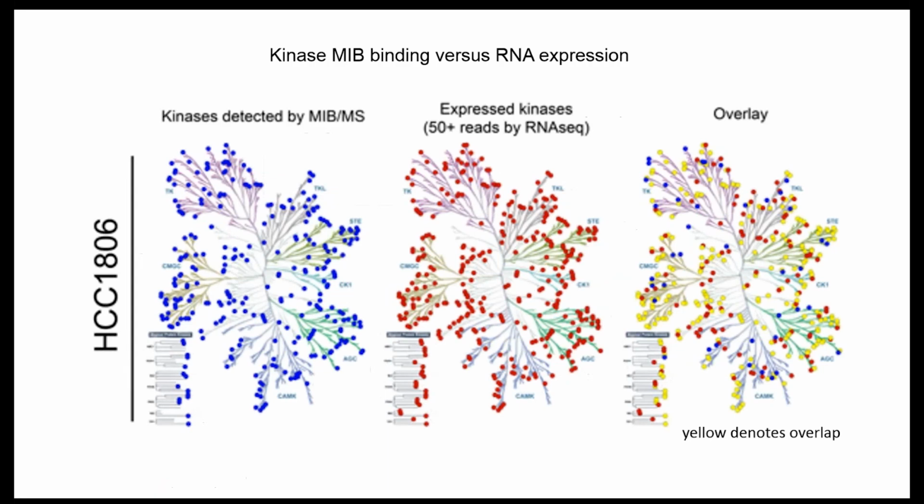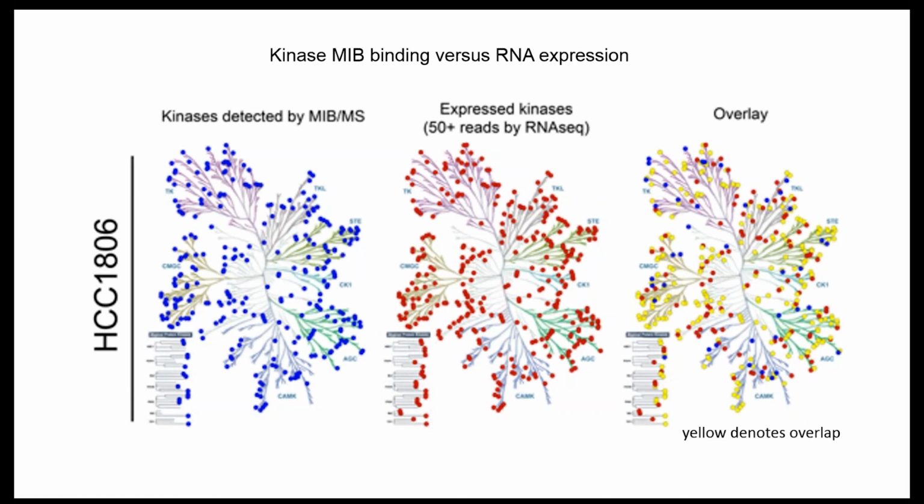And I apologize for a little bit of the fuzziness of this slide, but if you look at kinome binding versus RNA expression, so you can say, well, is this something that you could just get by RNA-seq? If you look at the kinases detected by MMS in the blue, you can see that we cover a very large percentage of the kinome.